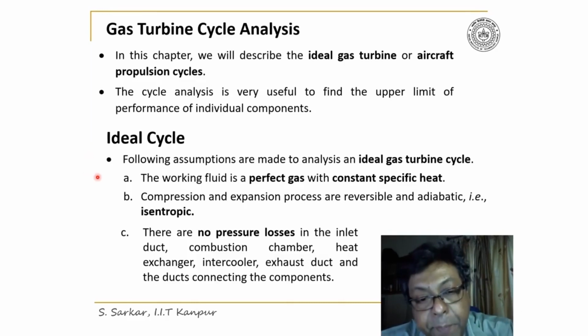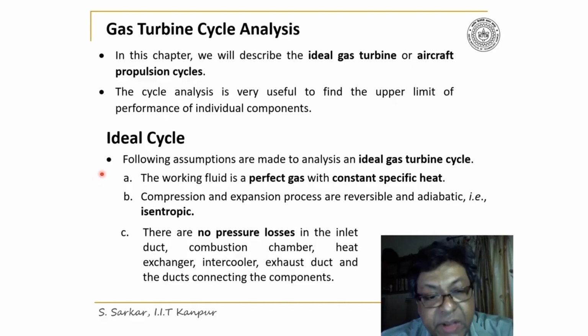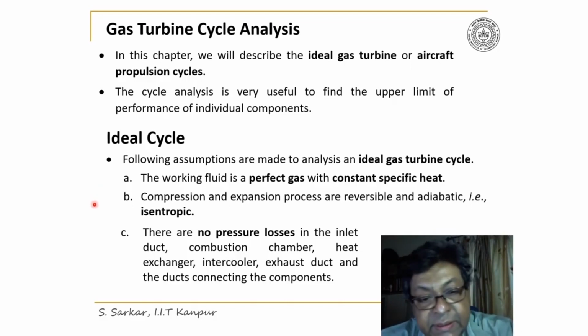They are: the working fluid is a perfect gas with constant specific heat. Further, we assume that the compression and expansion processes are reversible and adiabatic. That means they are isentropic.